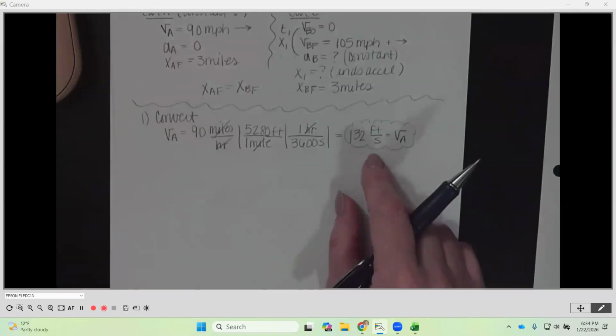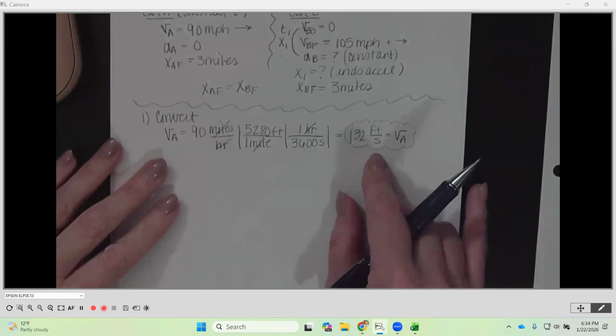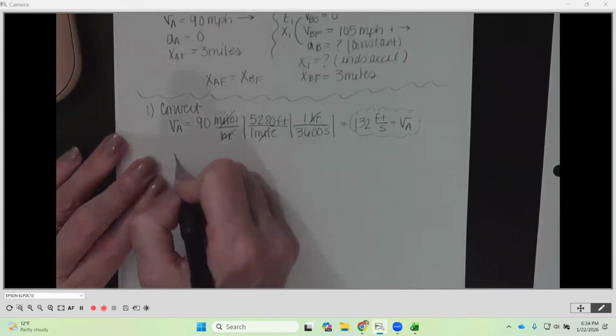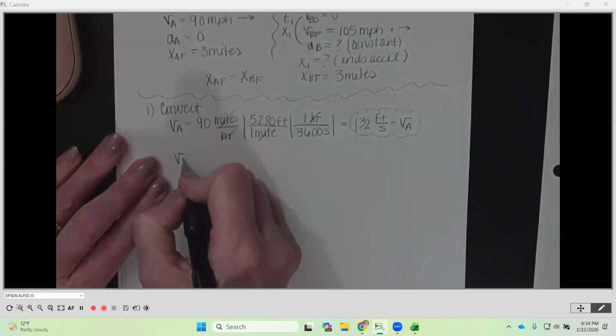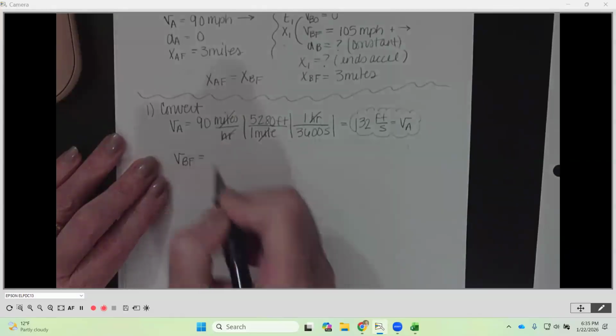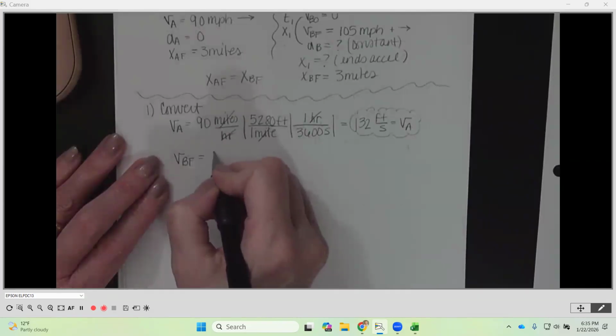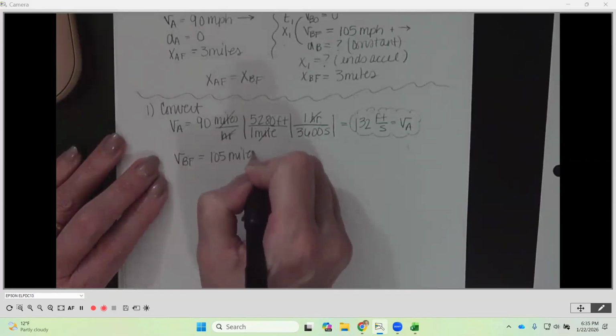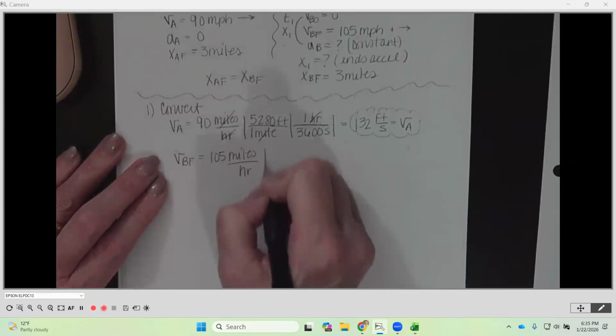Okay? The next one we want to do is the 105 miles per hour. So this was the velocity of B final at that first part. So that's going to be 105 miles per hour.